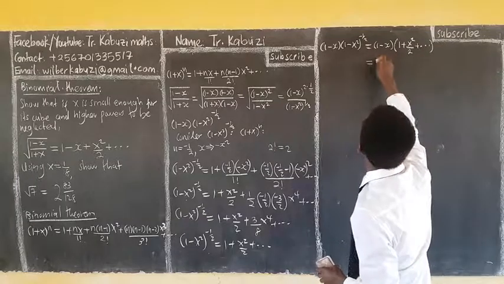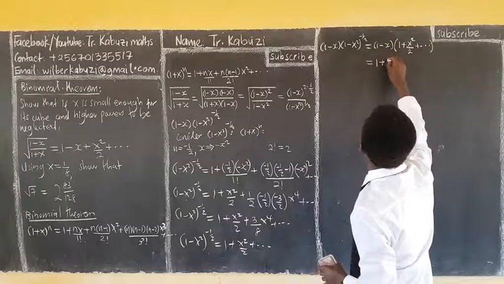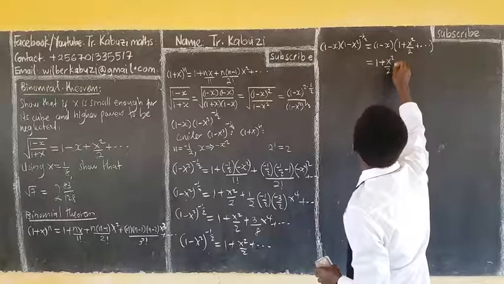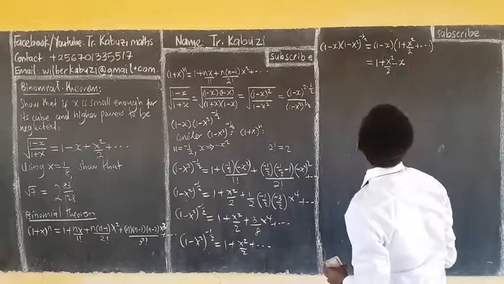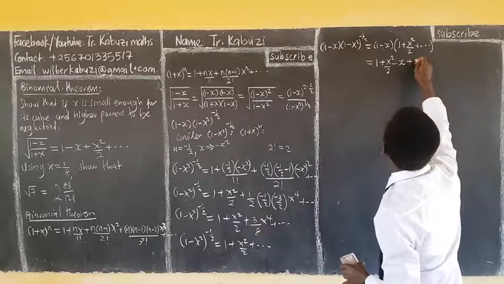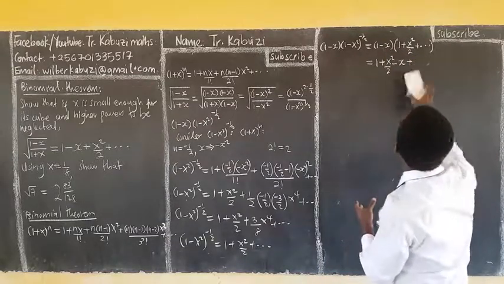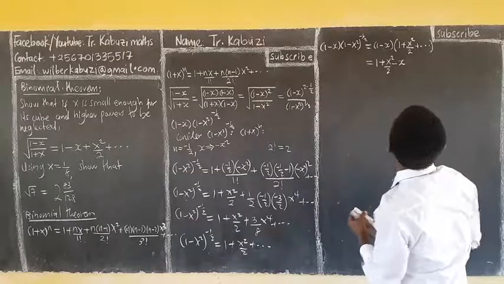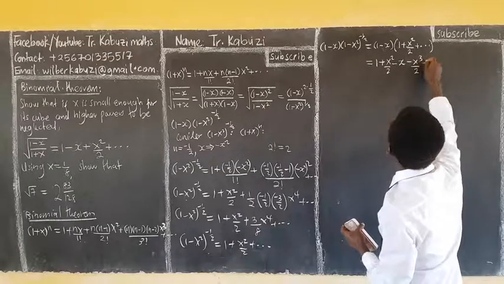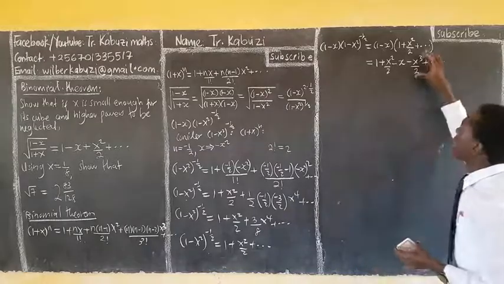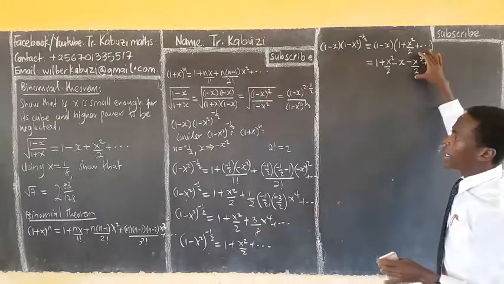This times this we get 1, plus this times this, then this times this we get negative x. Then this and this we get plus, negative, negative x cubed over 2 plus. But we say we neglect cubes and so on, so we are going to neglect this.